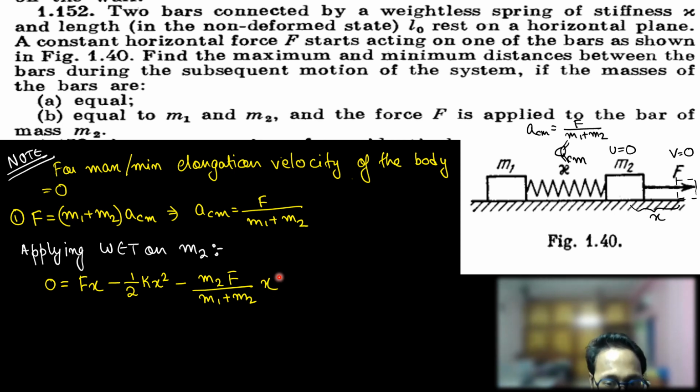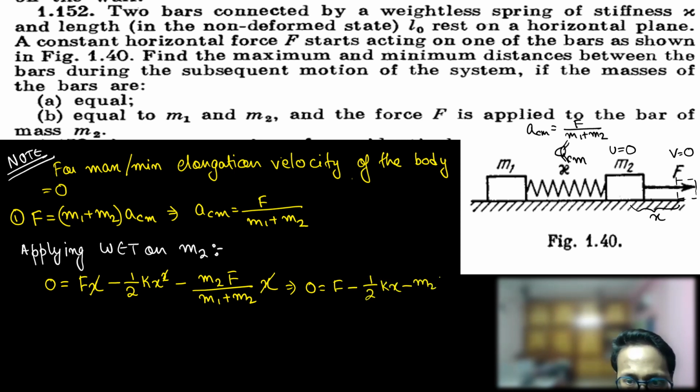You have to solve for the value of x. Now see, if I take x common, x square and x will get cut. So if I rewrite this equation, 0 is equal to F minus half kx minus m2 F by m1 plus m2. What do I need to solve for? I need to solve for x.